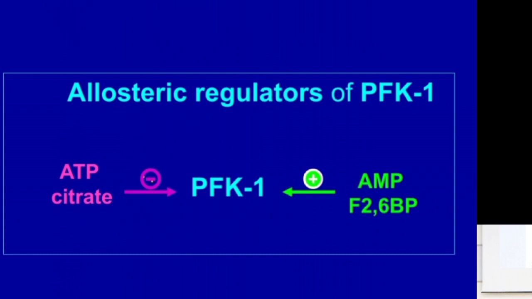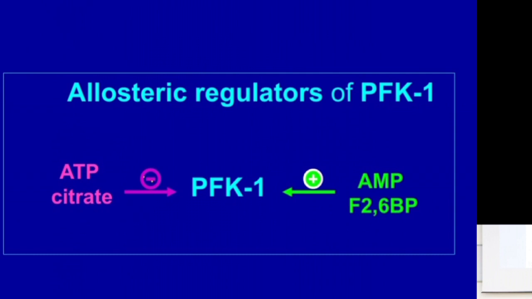So if the cell has plenty of energy in the cytoplasm, it's probably not going to need glycolysis, because the purpose of glycolysis is to produce energy. So that's one way to remember how these work. They're going to inhibit phosphofructokinase 1, PFK-1, and slow down glycolysis.